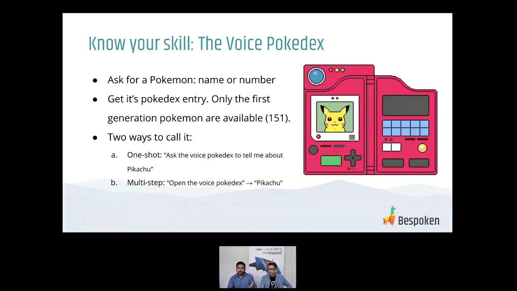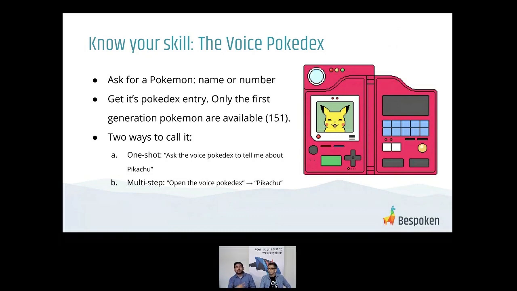It's in the development stage, but it is really simple. You can ask my skill for a Pokemon by its name or number, and you will get in return its Pokédex entry. I have a database of Pokemon, their IDs are basically their names, but I only have the first generation Pokemon available, which are about 151.